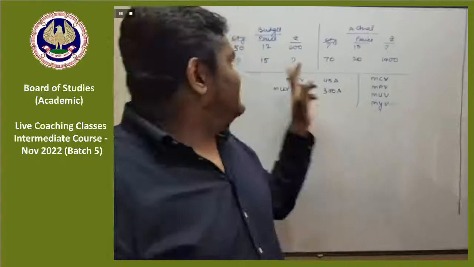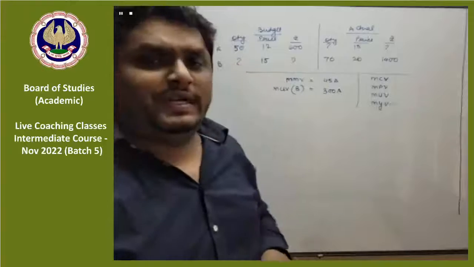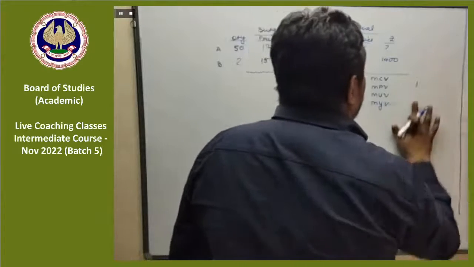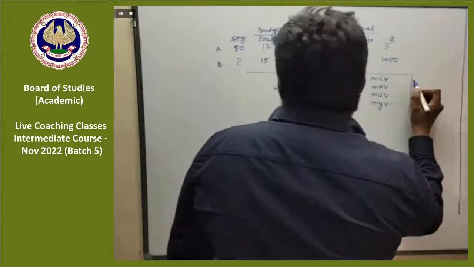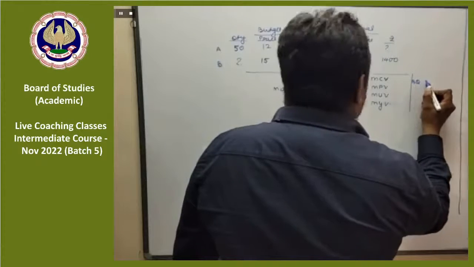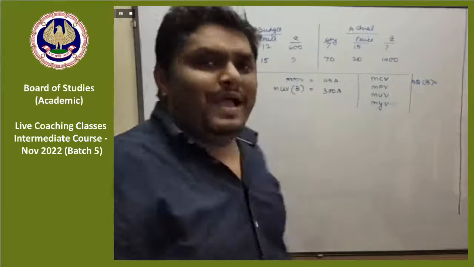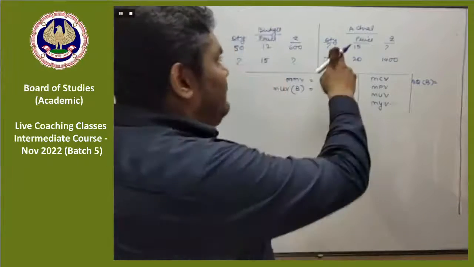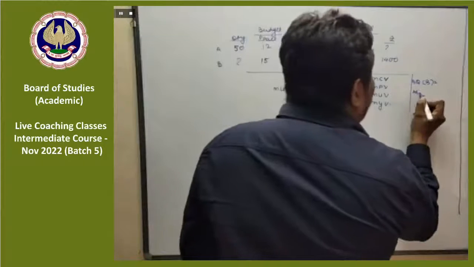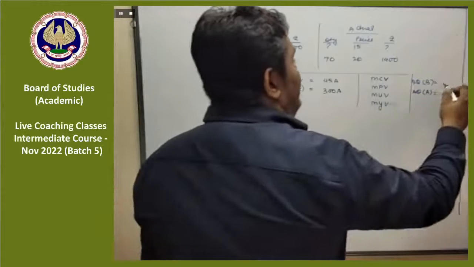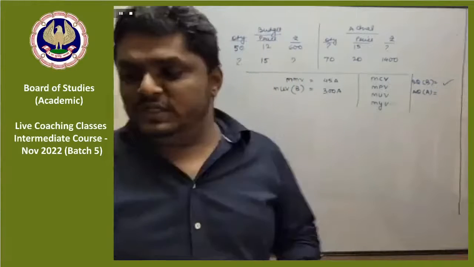So I have got this answer from Aniket, that is the budgeted quantity of B. Aniket has solved, and your answer is correct. Waiting for the answer, that is the actual quantity of A. Aniket was able to solve this question, so this part is correct.